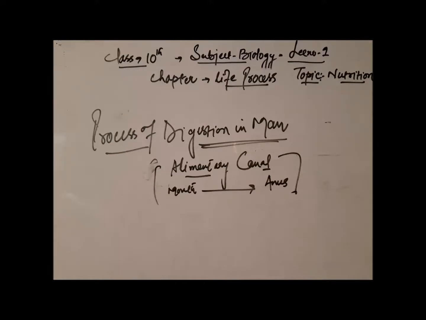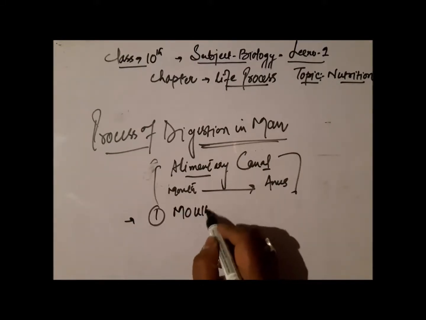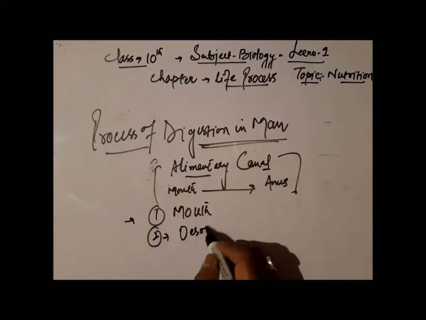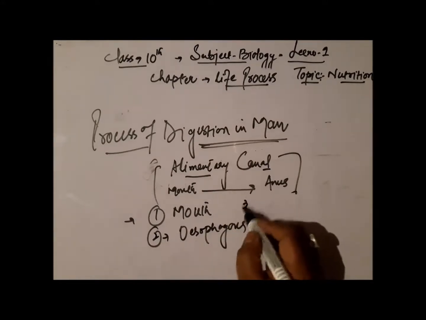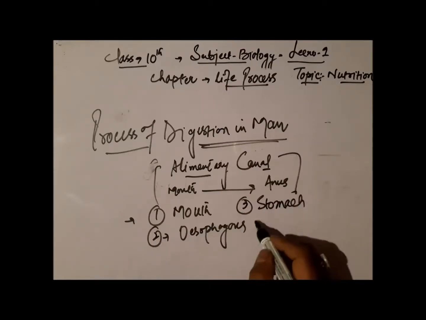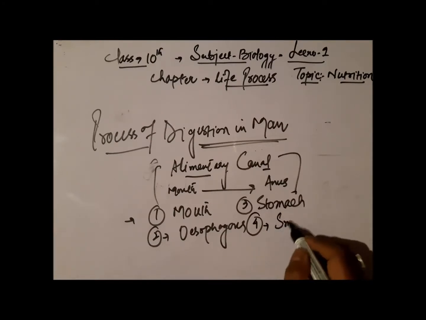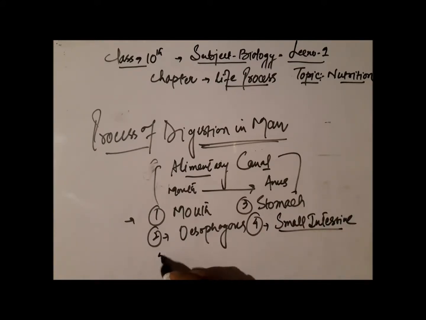The alimentary canal includes number one mouth, number two esophagus, number three stomach, number four small intestine, and number five large intestine.